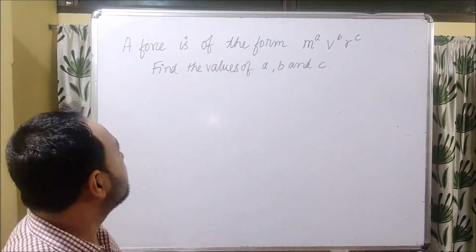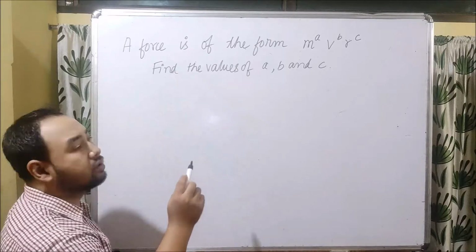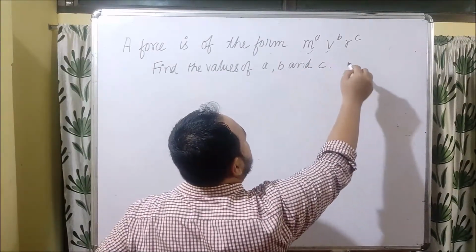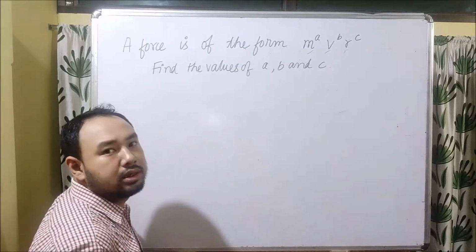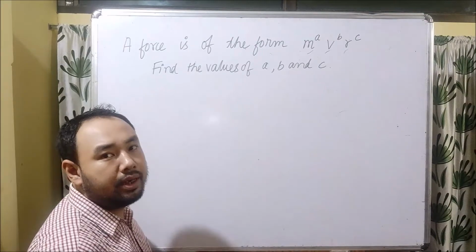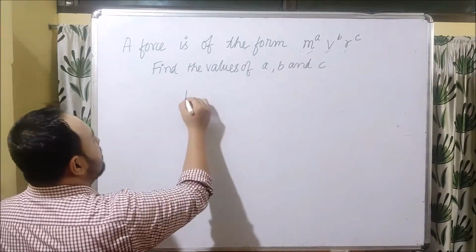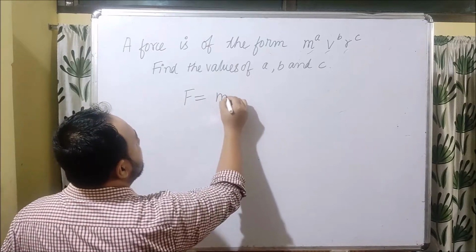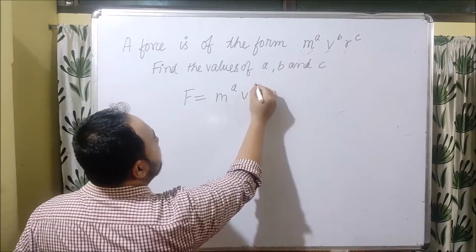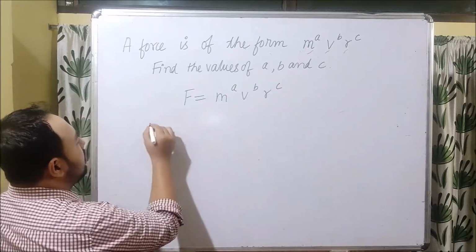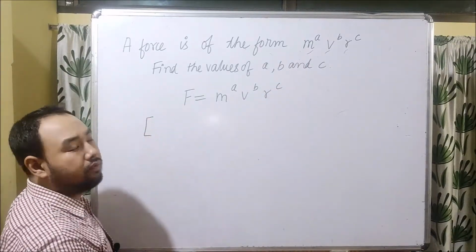So in this question, it is given that there is a force which is of the form m to the power a, v to the power b and r to the power c, and we have to find the values of a, b and c. So this force is of the form m to the power a, v to the power b, r to the power c. Now what is the dimensional formula for force?